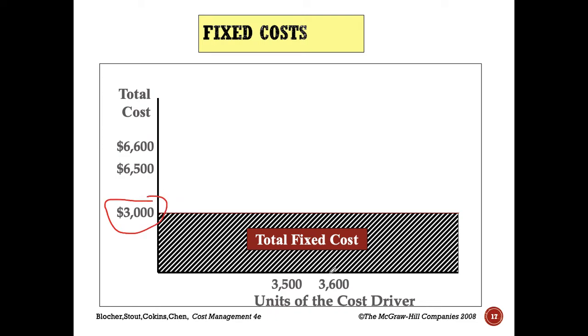If the total output or unit is increased, such as 3,600, the total cost is the same. So the portion of the total cost doesn't change, although the unit is changed.